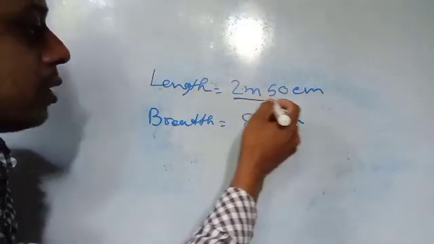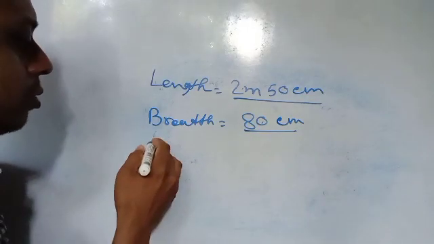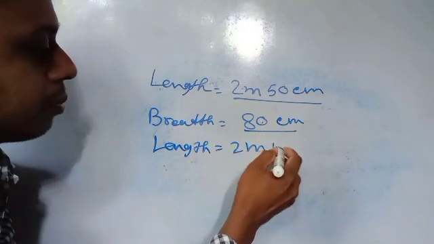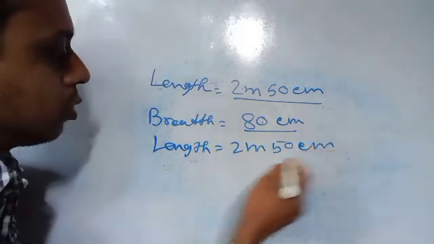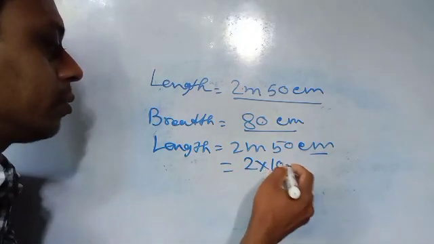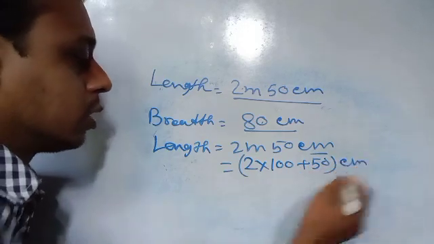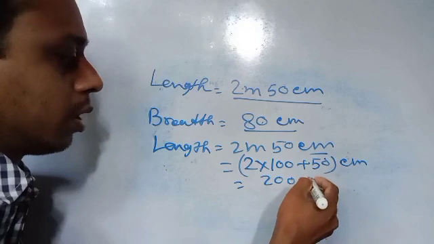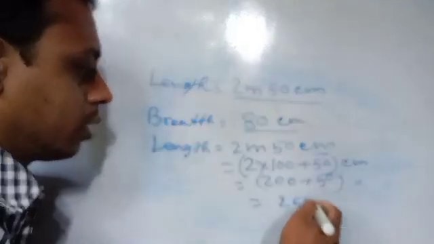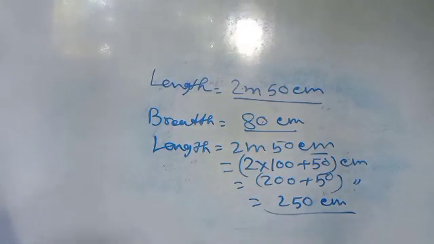Now here meter and centimeter both are given, here only centimeter. What to do? First you convert into the lower unit, centimeter. So 2 into 100 and 50 centimeter you have to add. Then the total is 200 plus 50 centimeter, that is 250 centimeter. So length is 250 centimeter.